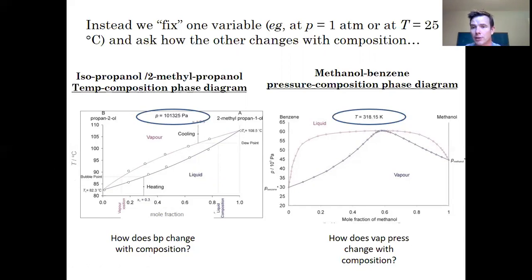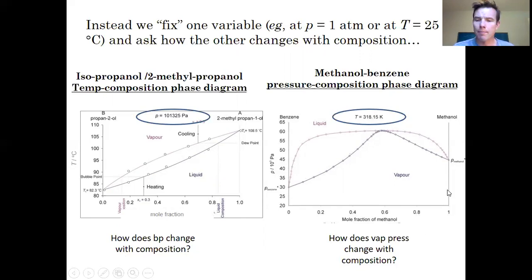At some point, it's going to boil, go from a liquid to a gas. And these types of phase diagrams are telling you about how the boiling point changes with composition. Conversely, I can get a pressure-composition phase diagram, where temperature is fixed at some value. And in this case, the question you're asking is really, how does the vapor pressure change with composition?